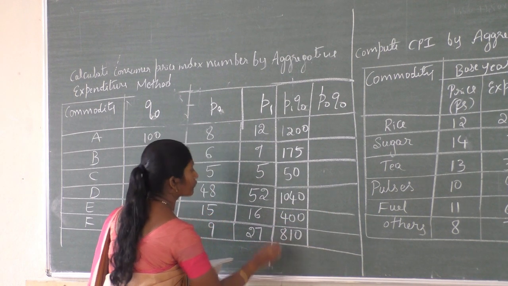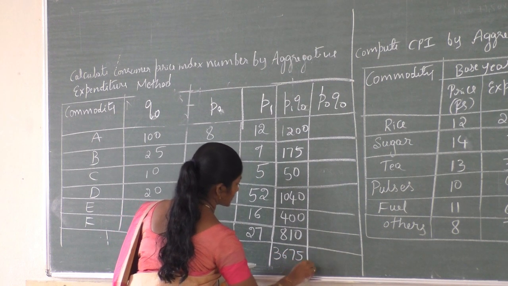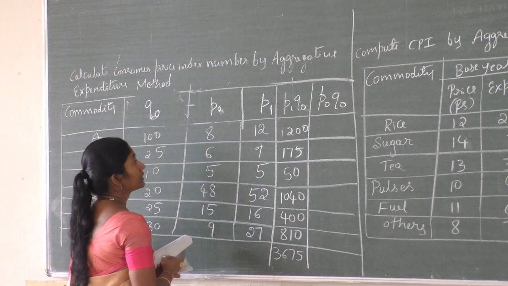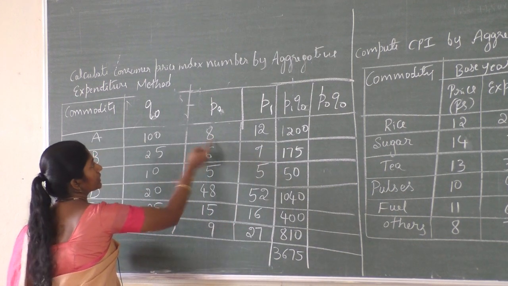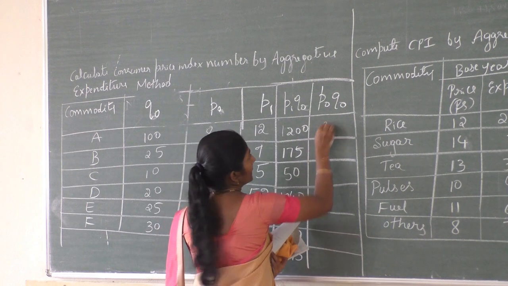And find the total of P1 Q0, that is 3675. This is the total value. Next P0 Q0, multiply these two in the same way and write down the answer there.